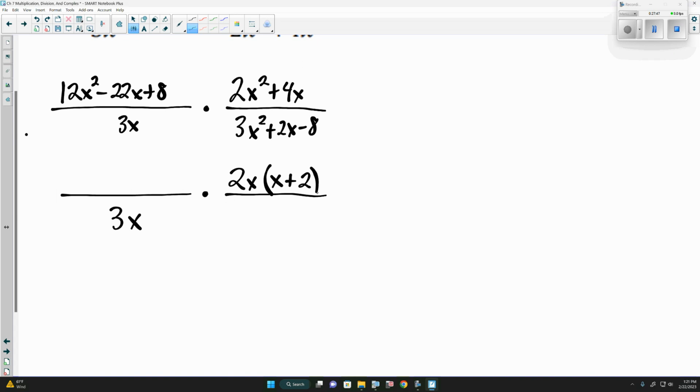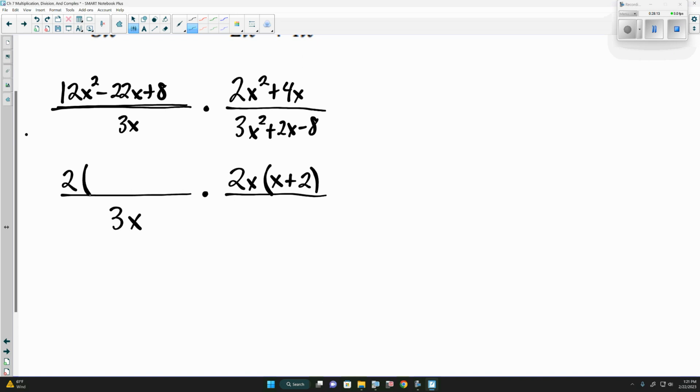Do we want to look at the 12x squared one or the 3x squared one? Okay, so 12x squared minus 22x plus 8. Is there a greatest common factor? 2 will go into 12, 22, and 8. Is there anything else? Because 4 will go into 12, yes? Will 4 go into 22? No. So it's just 2.